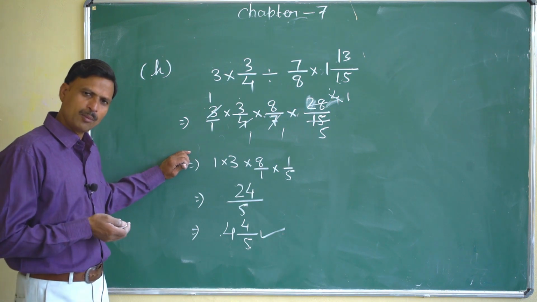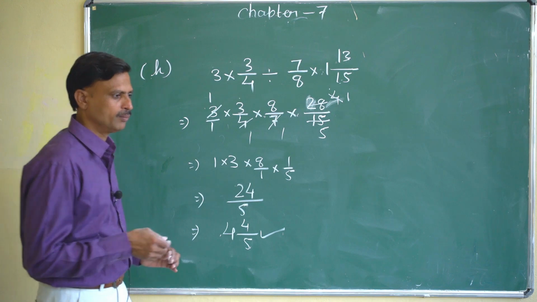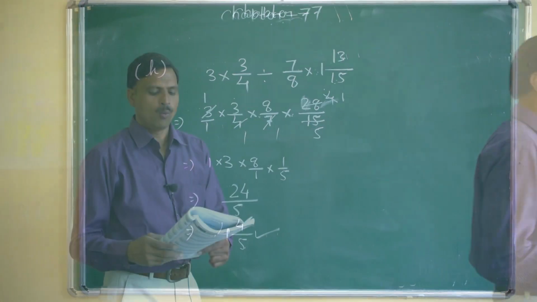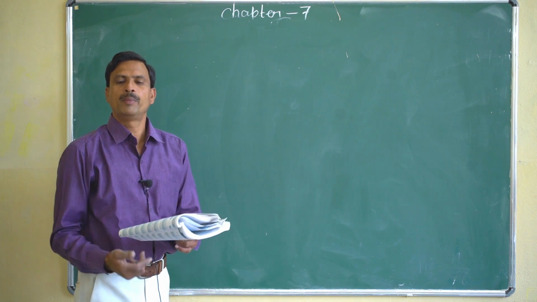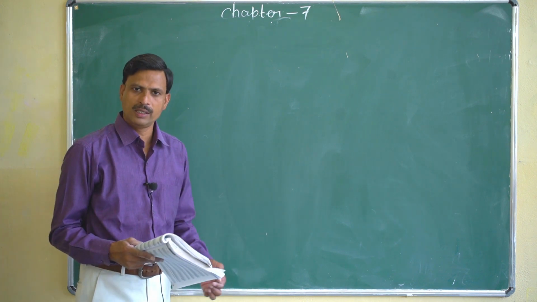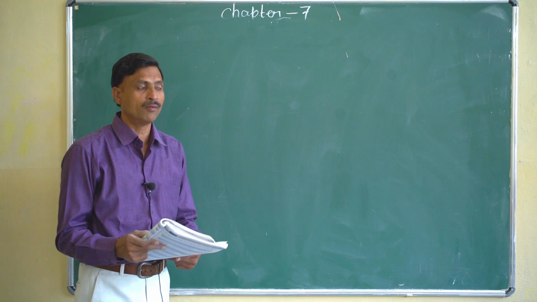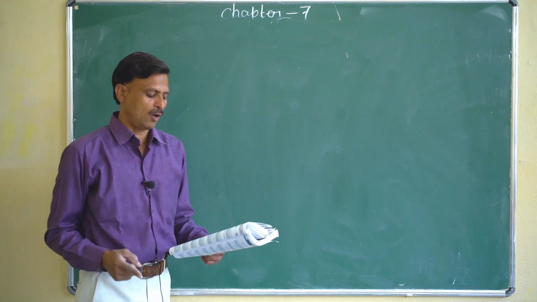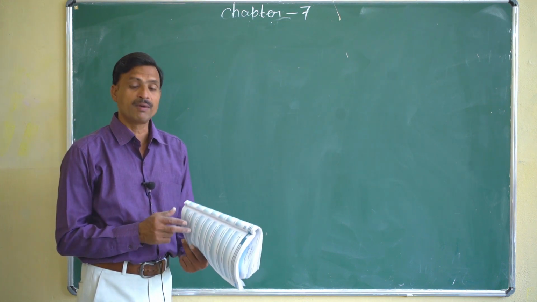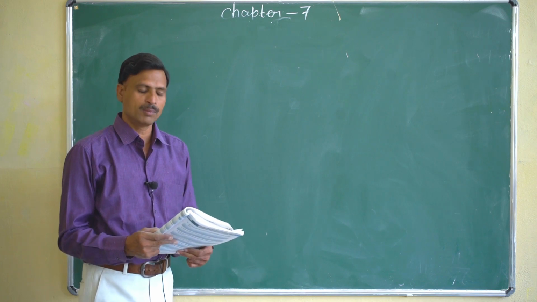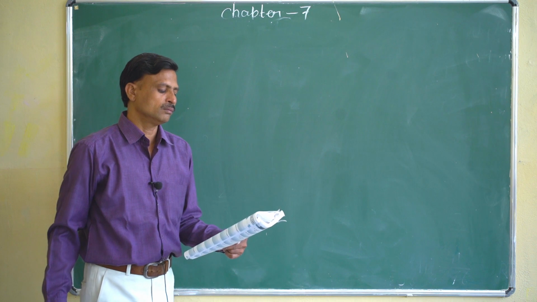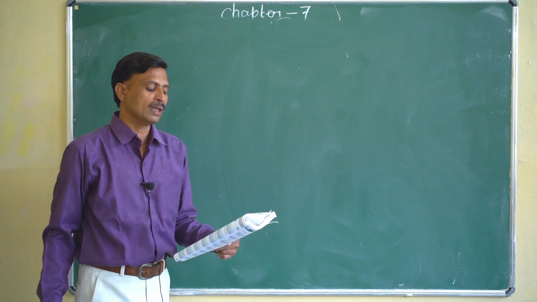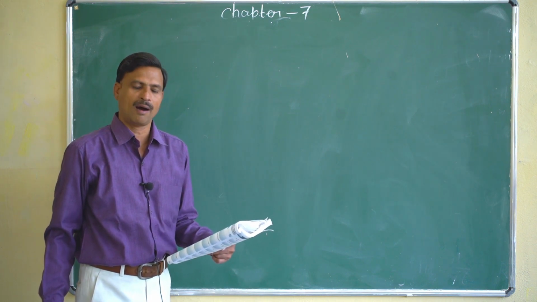I am taking the next type of question now: word problems based on these fractions only, division and multiplication of fractions. First question of page number 76, same chapter 7. I am reading the first question. The cost of 1 liter of milk is given, that is 14 and a half rupees.